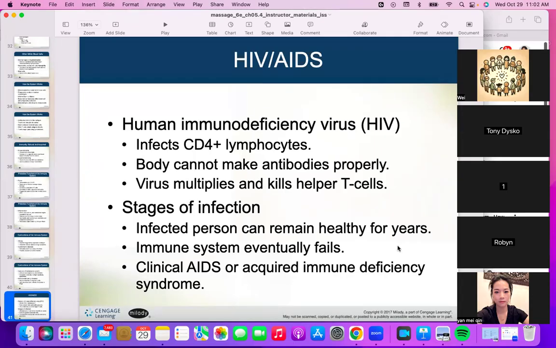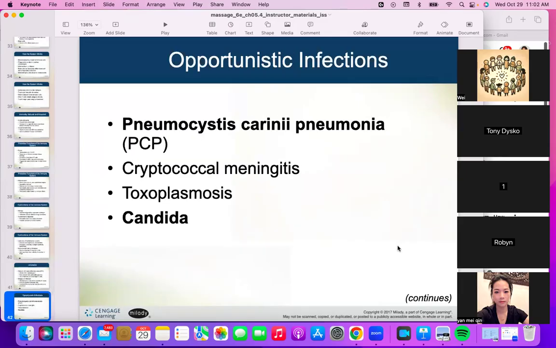Okay. Now, if a person with HIV maintains health for years, during this time enough of the immune system remains intact to provide immune surveillance and prevent infection. Other opportunistic infections here, we have the pneumocystis pneumonia, which is PCP.